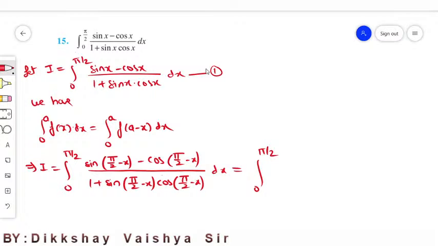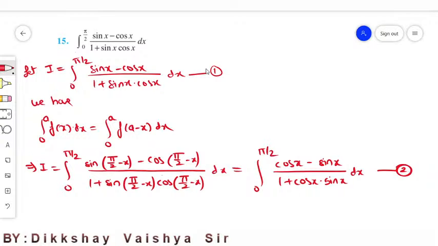Now sine is nothing but cos, and cos is nothing but sine, and the denominator will be as it is: 1 plus cos x into sin x dx. Call this as equation number 2.